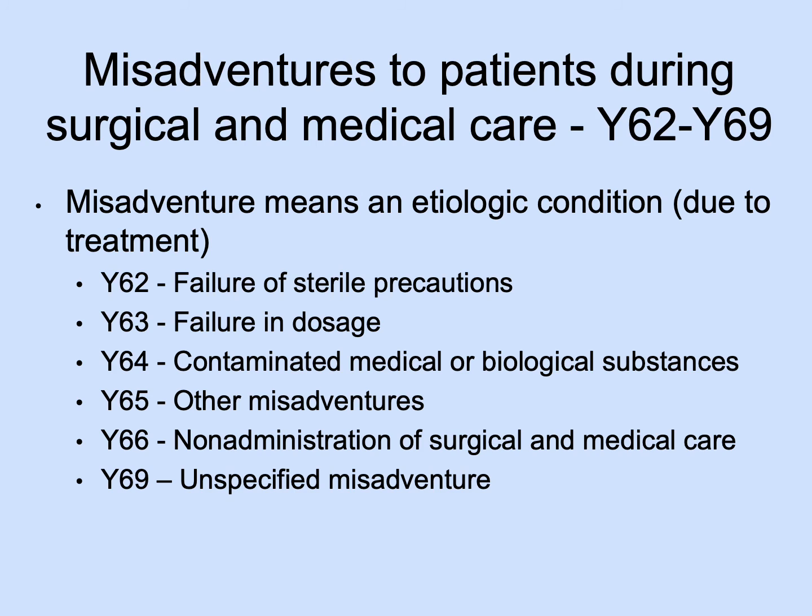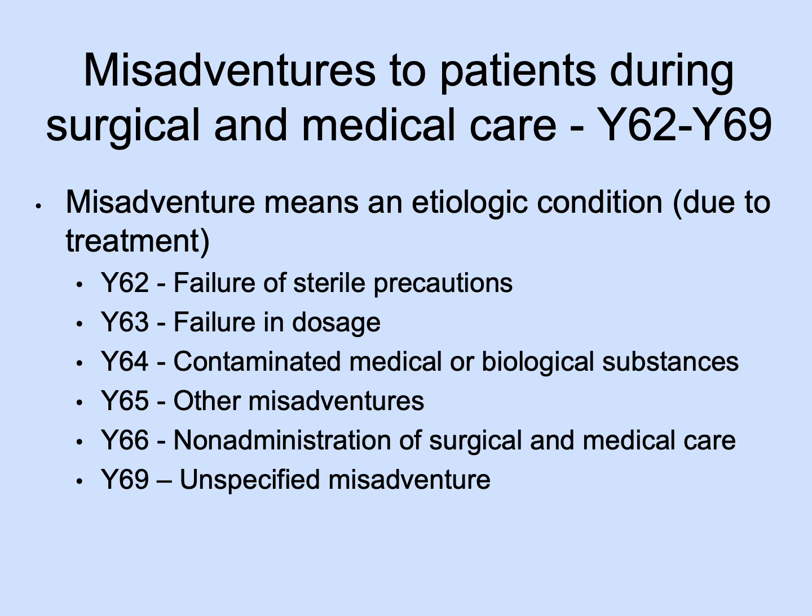more closely. Misadventure means an etiological condition due to treatment. So you can see this is somebody did something wrong. Y62, failure of sterile precautions. Y63, failure in dosage. Y64, contaminated medical or biological substances. Y65, other misadventures.